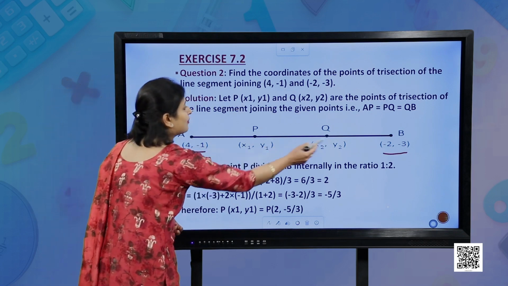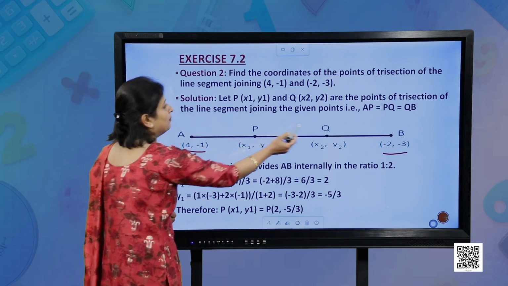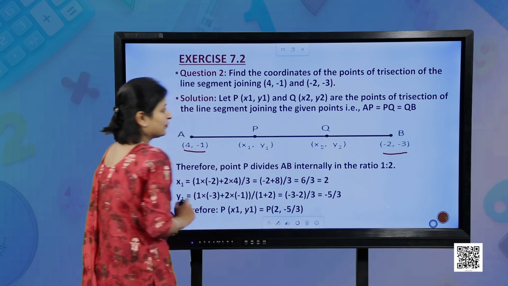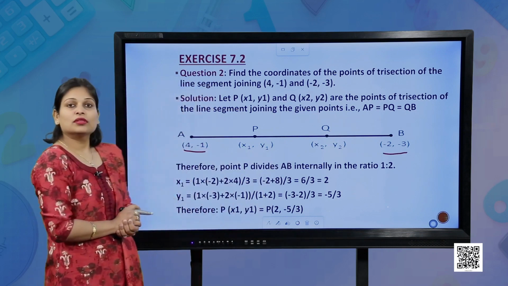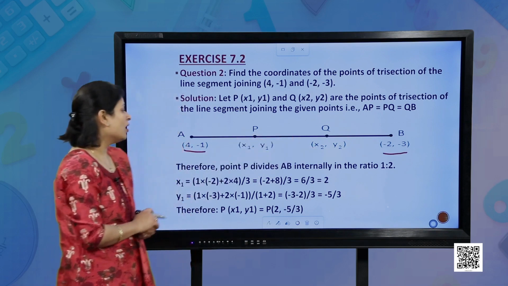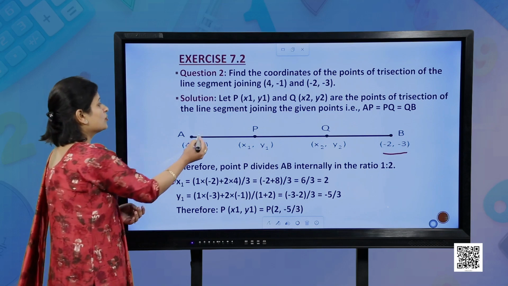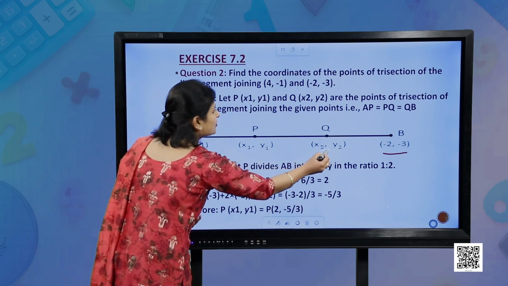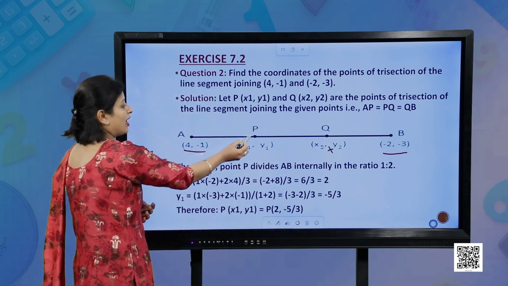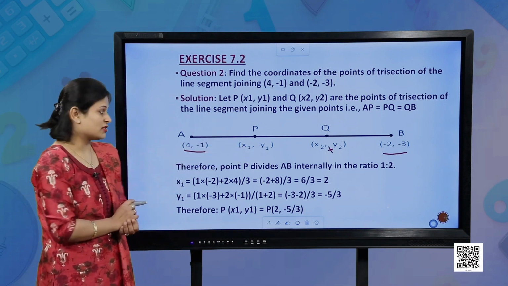So, the line segment AB is divided into 3 equal parts, AP, PQ and QB. We need to find out the coordinates of the points P and Q. Suppose these 3 are equal. If I do not consider this point, I have to find the value of P, which is x1, y1 first.